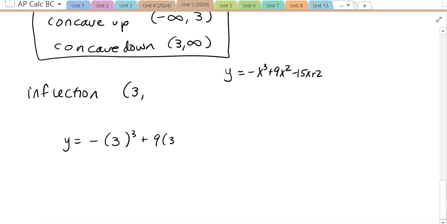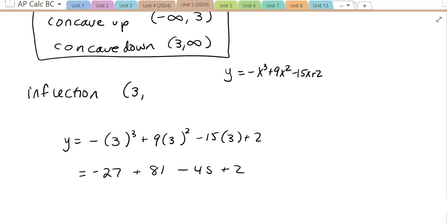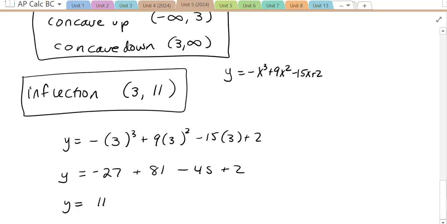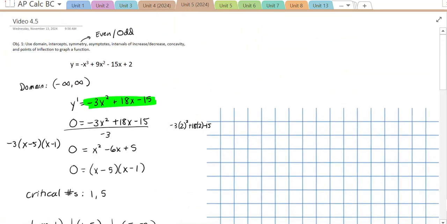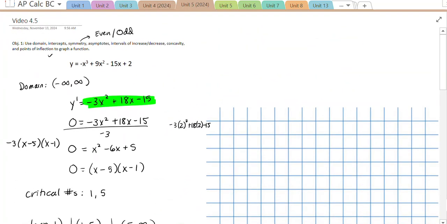So I'm going to figure this out. And this says this comes out as 11, there's my inflection point. So going back, we have now found our points of inflection, both increase and concavity. And those are all things I found with calculus.